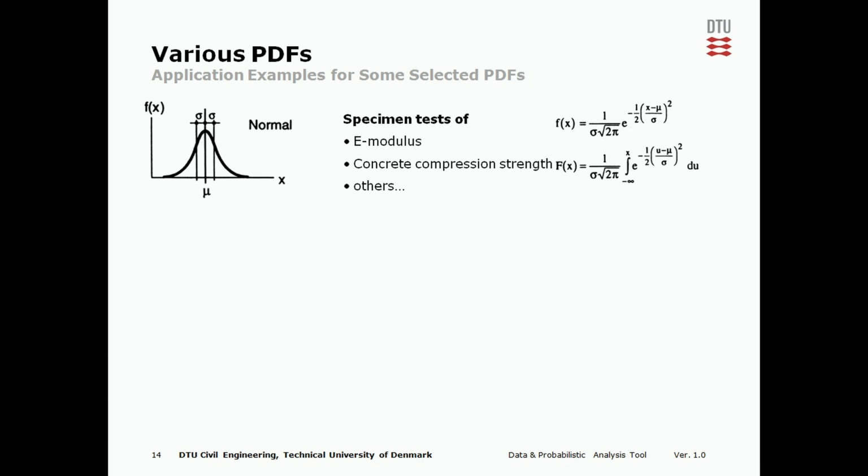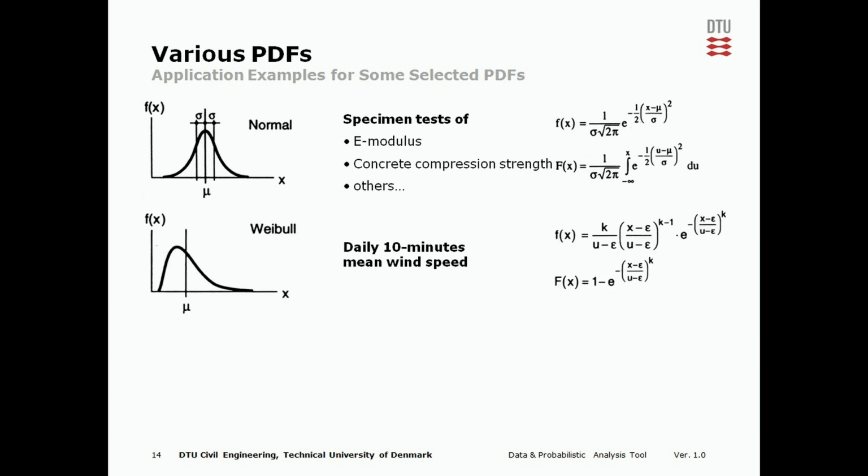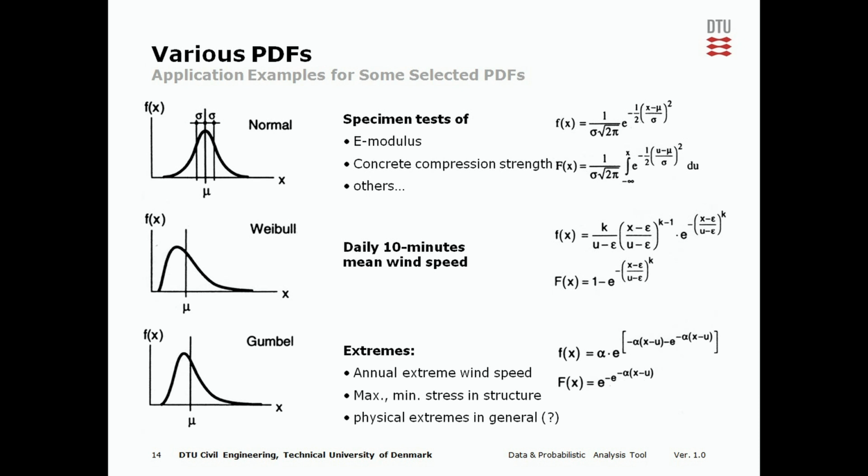So talking about the density functions, there are from literature different types of density functions. There is, for example, the normal distribution with the density and the distribution function. Then we do have the Weibull distribution, for example, for the daily mean wind speeds, and we do have a Gumbel distribution, which usually is used to describe the characteristics of extremes, for example, extreme storms or also extreme responses and so on and so forth.